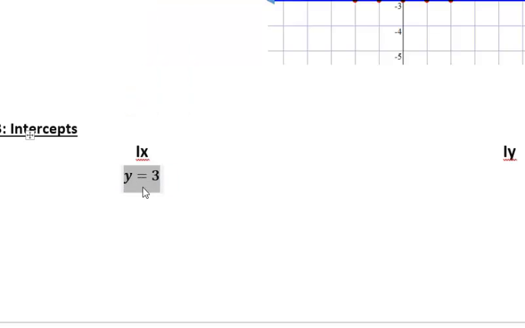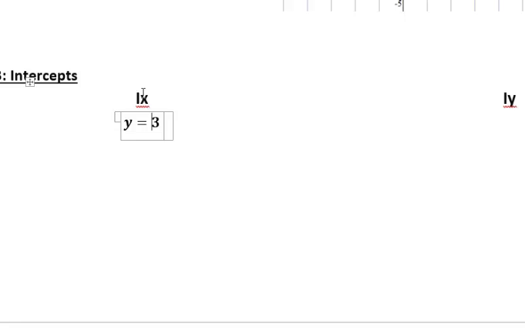Okay, y equals -3. Now to find the x-intercept, what I have to do is take the other letter and substitute it with 0. So instead of y I'm gonna put 0. Then I get 0 equals -3, and I should find the letter x in here, but because there's no letter x, I cannot find it.